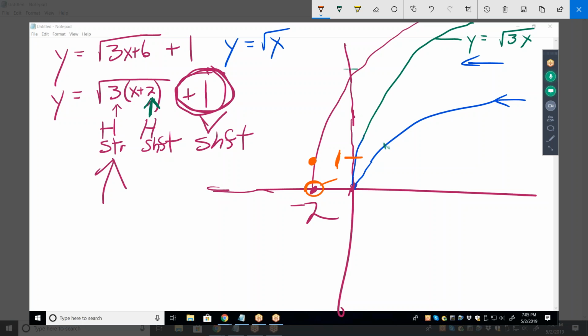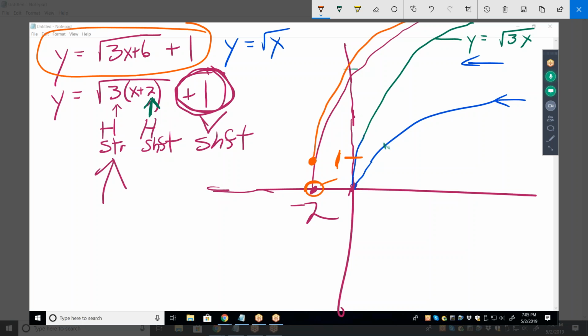Now that curve is exactly 1 unit above the red curve at all points. And that's the final curve. In other words, I can erase the red, the green, and the blue. The only thing I have left is the orange, and that is that function right there.